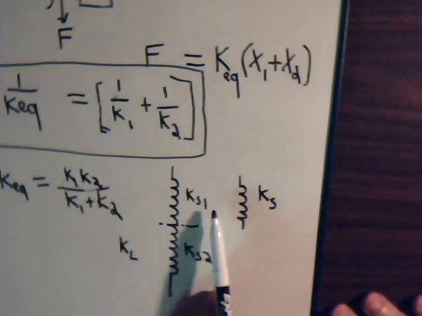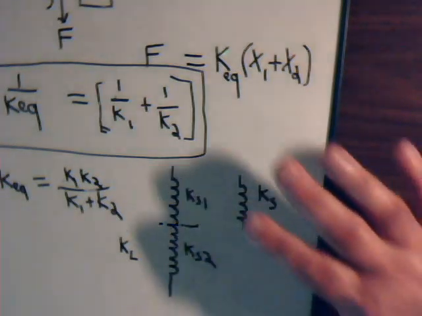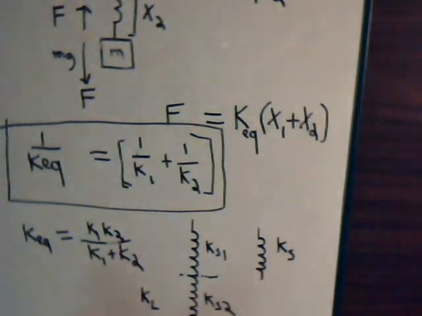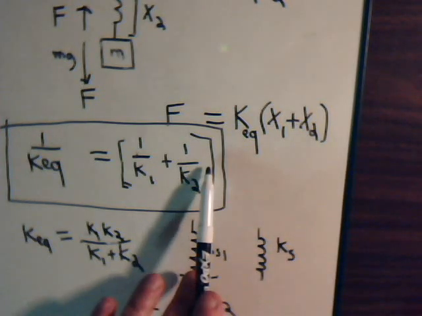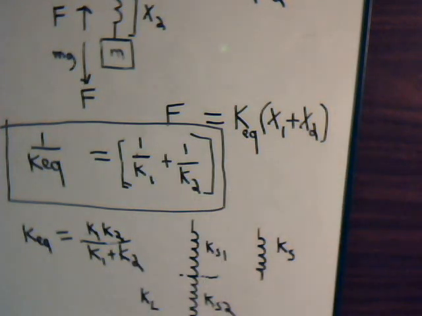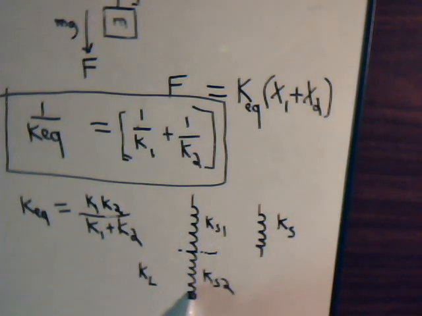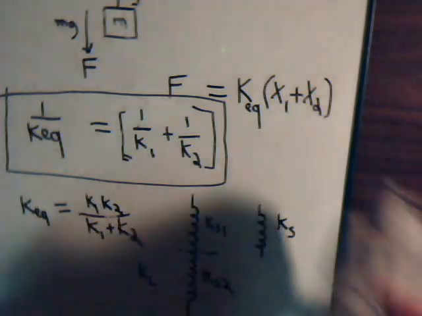Each one of these shorter springs would be harder to compress than the longer spring. And again, that's because of this relationship that we've just proven. And of course, if we have more springs in series, then we just have more reciprocals here on this side of the equation. But let's talk about this relationship right here in a little bit more detail, because we're going to need that when we talk about double oscillators.